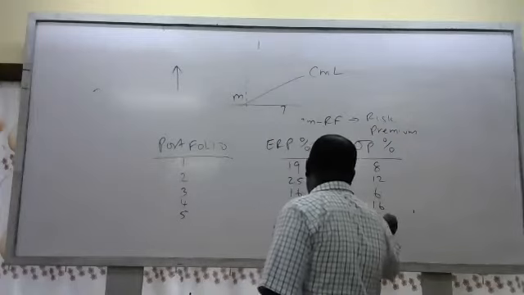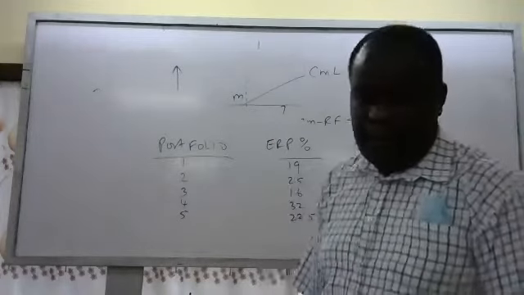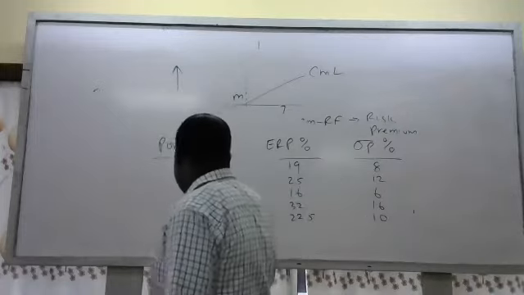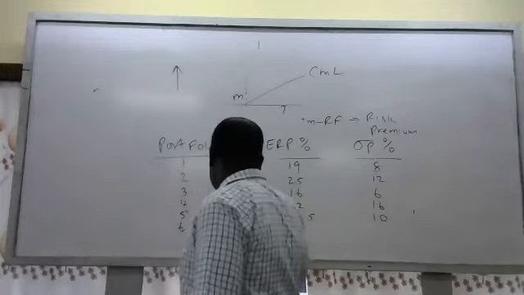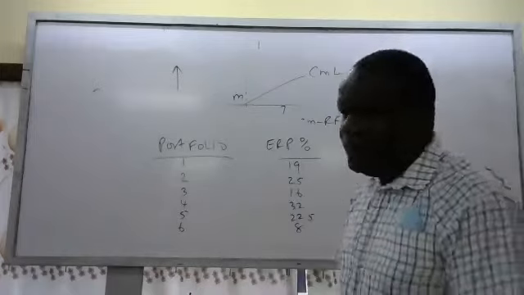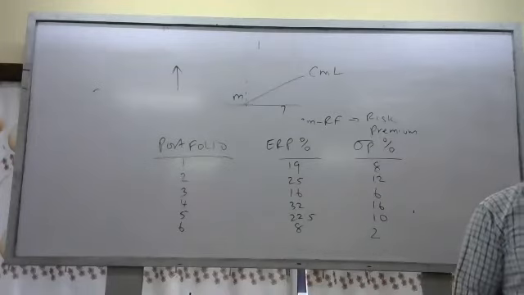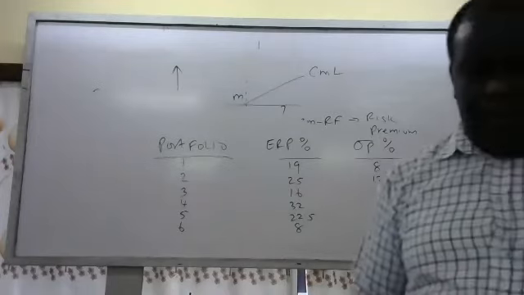Then number 6, I have 8, then 2. So that's the information that is given.